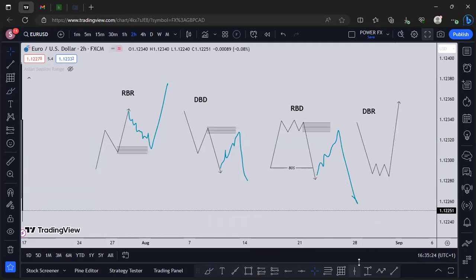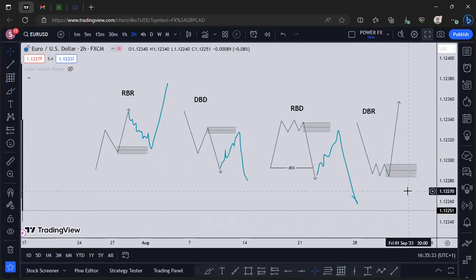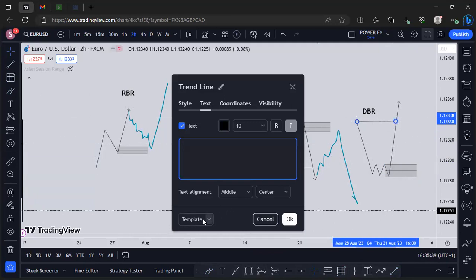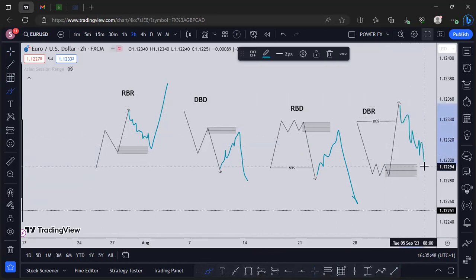These are bases that caused the previous break of structure. So what do we want to look out for? We want price to pull back all the way, mitigate on our base, up it goes.